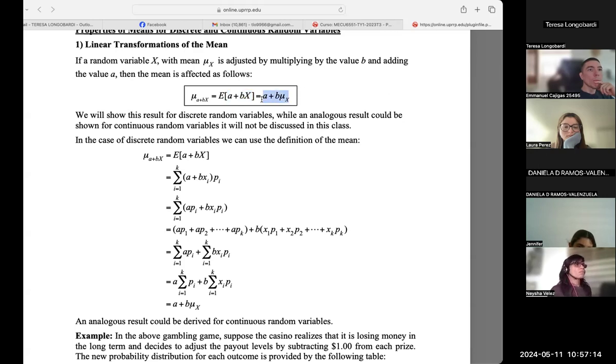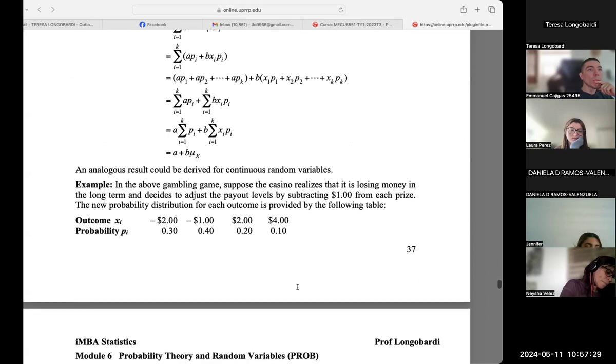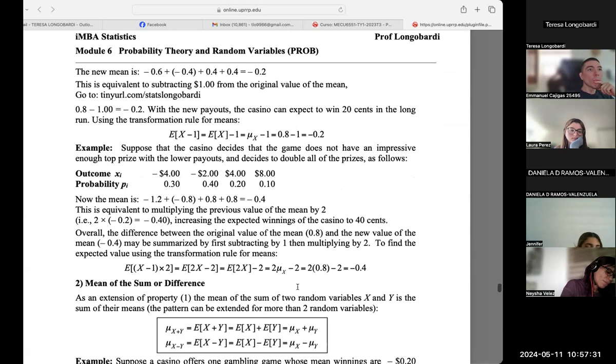So whatever I do to the variable, I do to the mean. It's the same treatment. This is like a proof here, and it's very important. So that's the rule there.